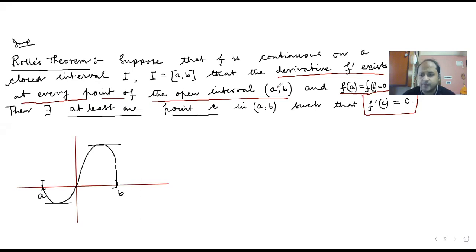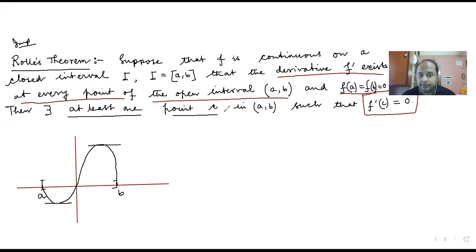The criterion is a kind of weak criterion, as they are not talking about the existence of the derivative at the endpoints. It doesn't matter for the existence of a relative maximum or minimum whether the derivative exists at the endpoints or not.